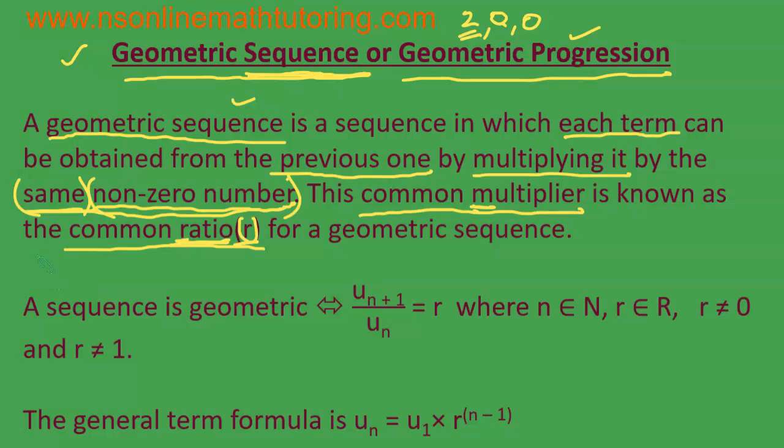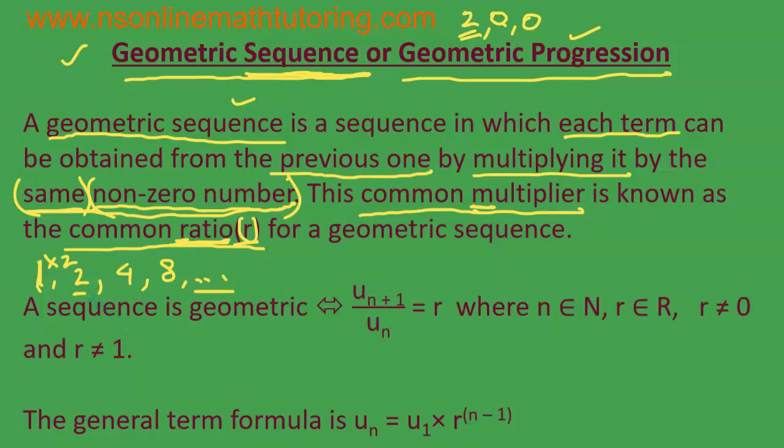Why? Suppose we take 1, 2, 4, 8, and so on, indicating that it is an infinite sequence. And what type of a sequence is this? This is the first term, that is u1, which is 1. And if I multiply this 1 by 2, I get the second term of the sequence.